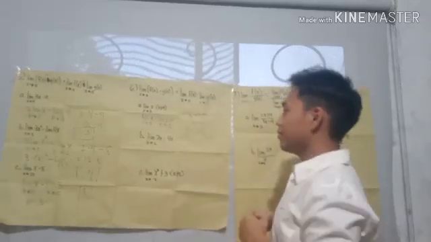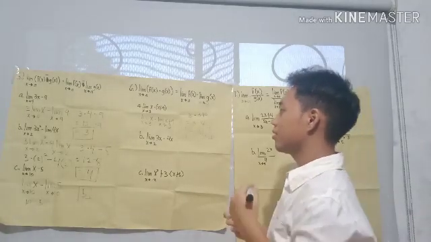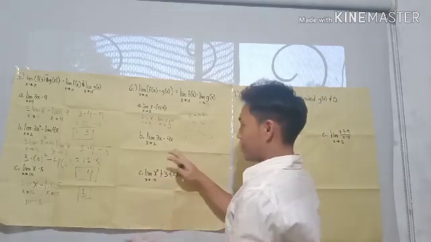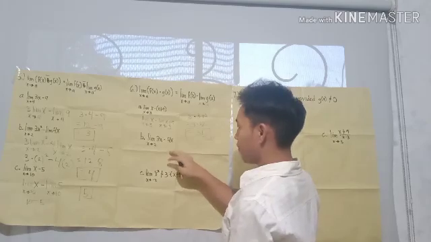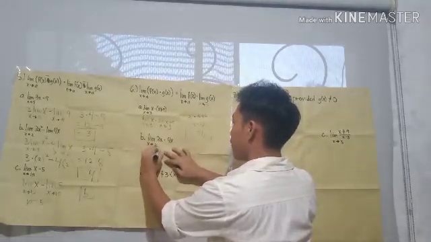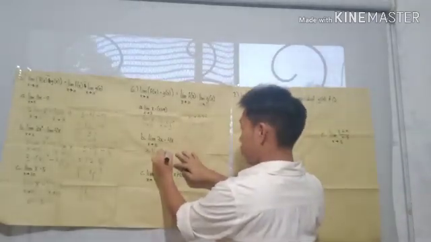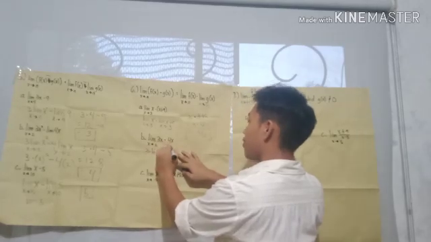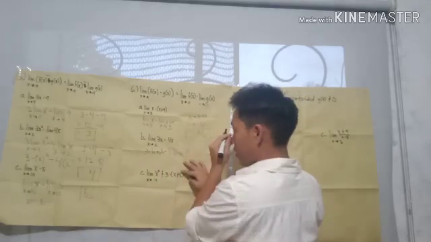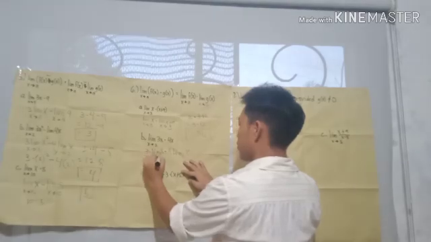Example B. The limit of 3x multiplied by 4x. So again, refer to Theorem 3 to rearrange the function. So 3 limit of x multiplied by 4 limit of x as x approaches 2.